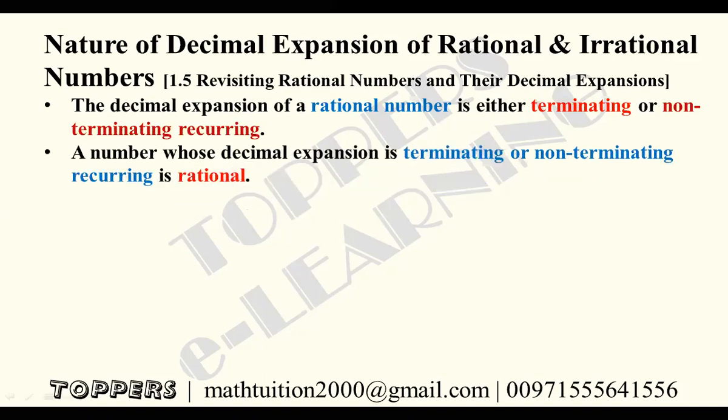Conversely, a number whose decimal expansion is terminating or non-terminating recurring is a rational number. So if you just see the decimal expansion, if it is terminating, we can say that number is a rational number. If it is non-terminating but recurring, repeating, then also we can say that number is a rational number.